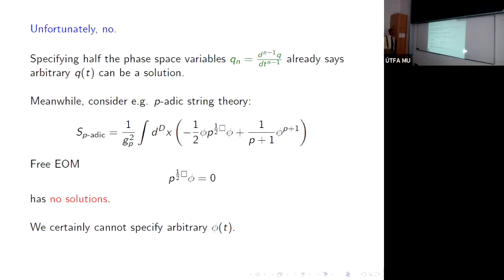This is an infinite derivative free equation of motion, but it actually has no solutions besides phi equals 0, because you can basically divide by p to the box. So you certainly cannot specify an arbitrary phi as a solution of this equation. So it's just not true that there's something sensible that you can get out of taking the infinite derivative limit of a higher derivative object.